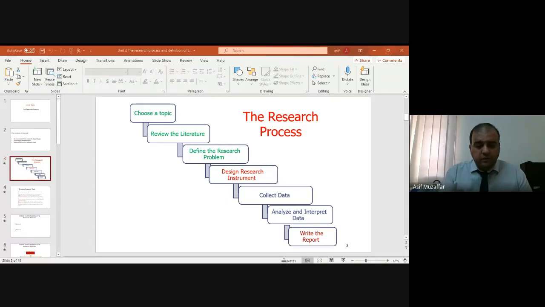You need to search the databases. It's not like I will just go to Google and put my research topic or the keywords there and see if I can find some research papers on it. 90% of the time, you will not be able to read the full paper on Google.